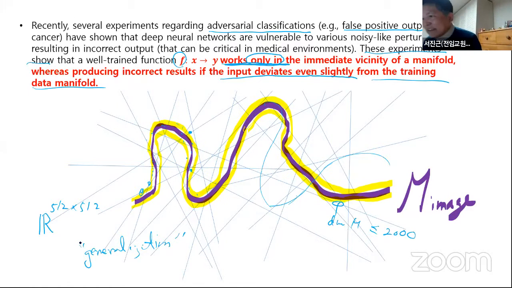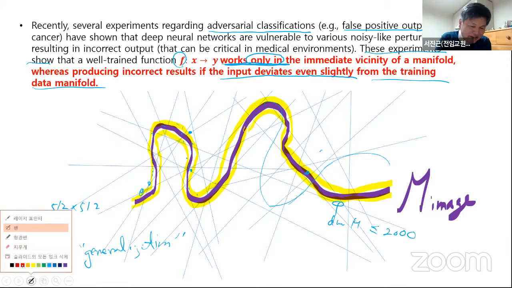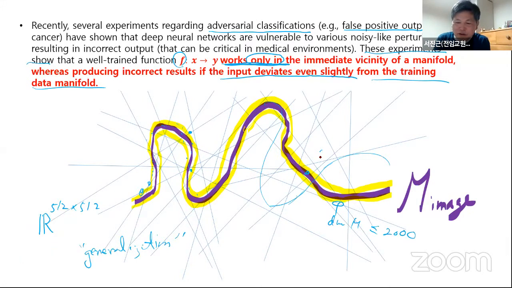That's the normalization. Because this is a manifold, the question is, maybe noise is here, and how can you project here? That's the normalization. Normalization is very important to deal with the adversarial attack. Maybe it is a very challenging task.